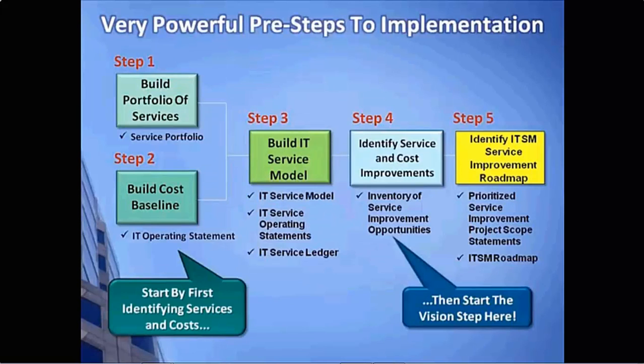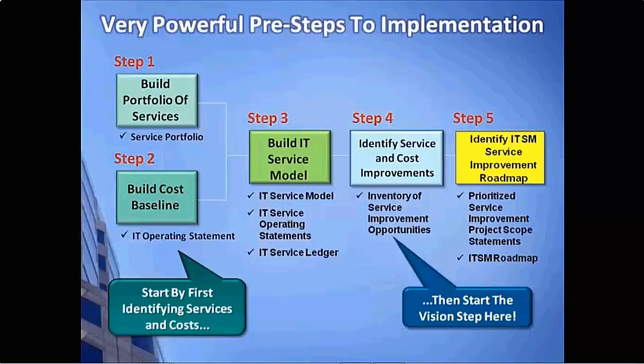There are 3 things that every IT organization needs to know, or it's really not managing IT. An organization needs to know what services it is delivering to the business. It needs to know what the costs are for each of those services being delivered. For example, if email is a service being delivered to the business, what am I spending to deliver email? And then lastly, it needs to know the demand for that service.